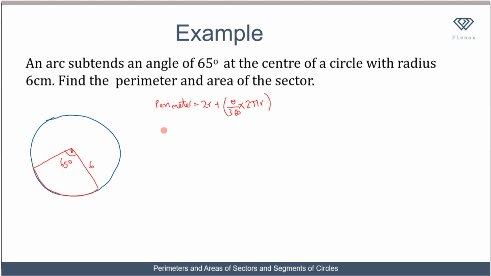That would be equal to 2 times 6, plus 65 over 360 times 2 times pi, which I take as 3.142, times the radius 6. So 2 times 6 gives me 12, and when I punch this into my calculator, I get 6.81.